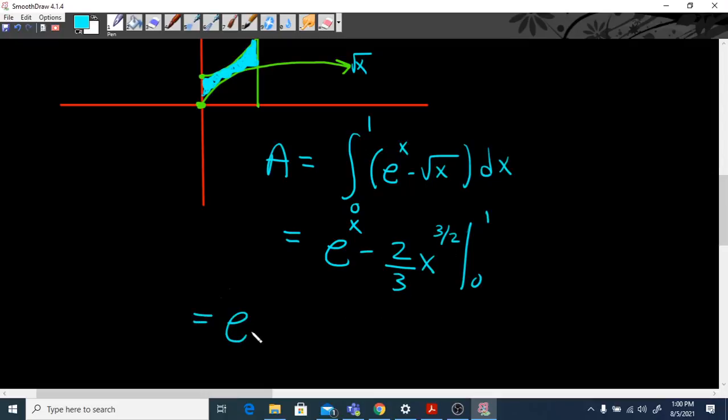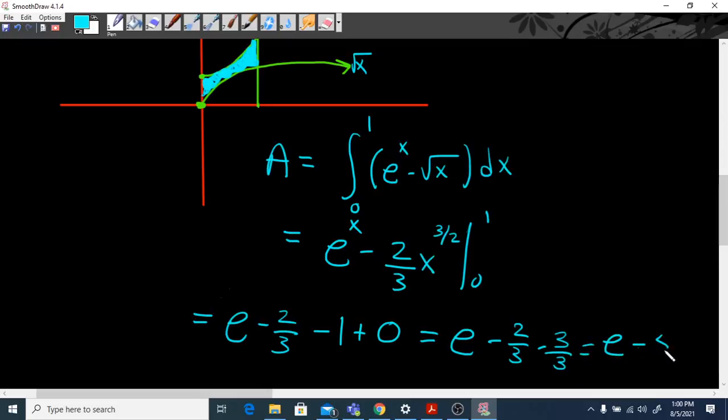We get e minus 2/3, and then minus 1, putting in that minus 1, and minus and minus is a plus. And 0 to the 3/2 is just going to be 0. So now we just get e minus 2/3 minus 3/3, which is e minus 5/3.